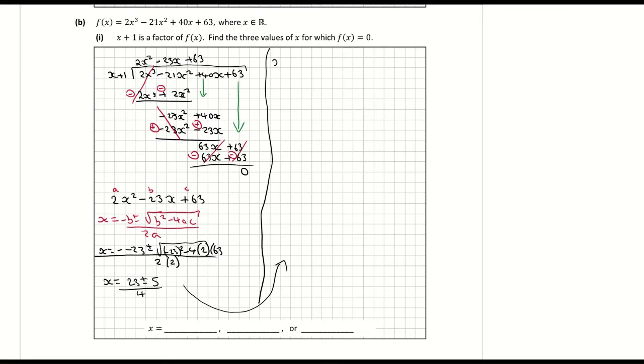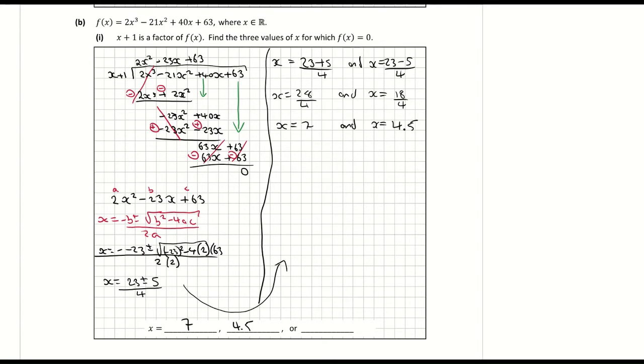So that means that x is equal to 23 plus 5 over 4, and x is equal to 23 minus 5 over 4. So x is equal to 28 over 4, and x is equal to 18 over 4. So x is equal to 7, and x is equal to 9 over 2, which is 4.5. So there's two values for x, 7 and 4.5.